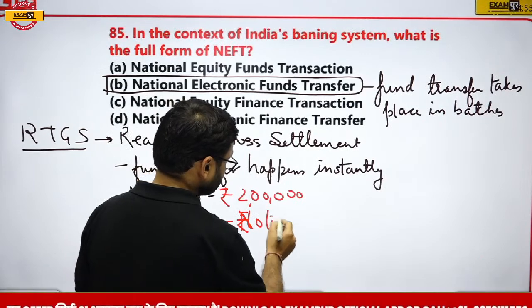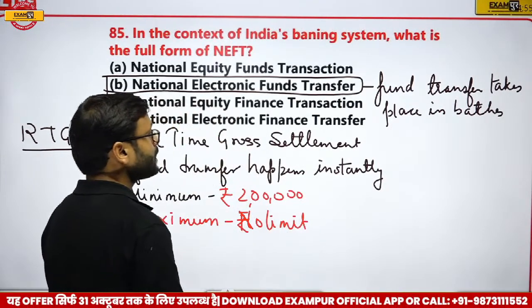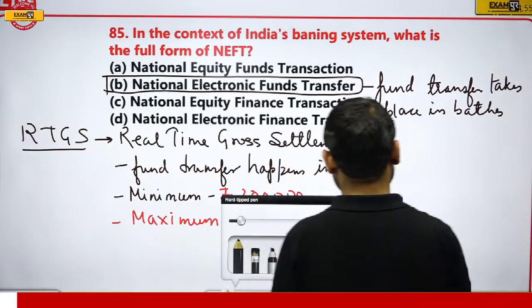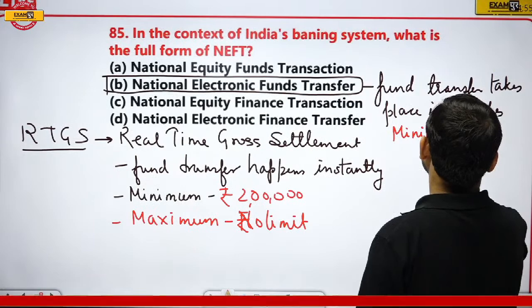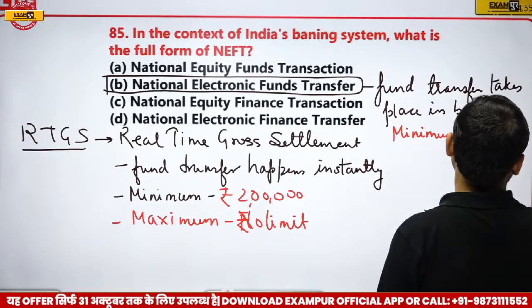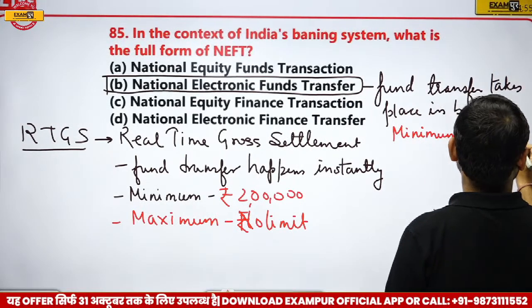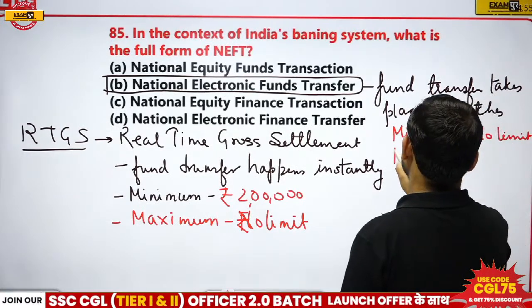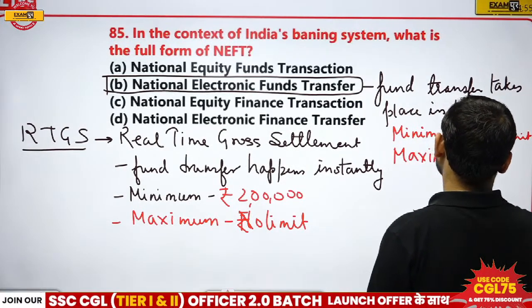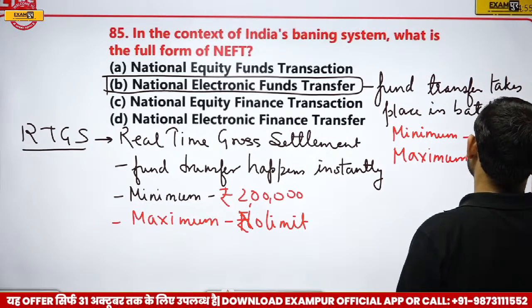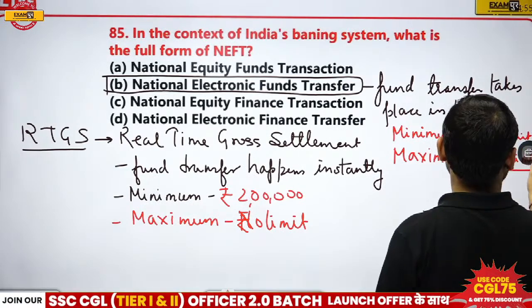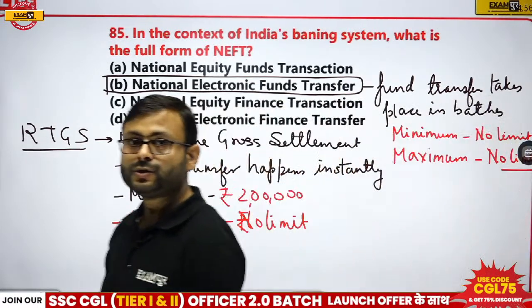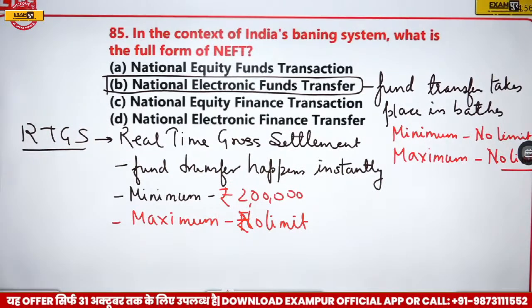And when we talk about NEFT, the minimum is no limit, and the maximum is also no limit. So you should remember this for the upcoming examinations. This is the RTGS and NEFT difference.